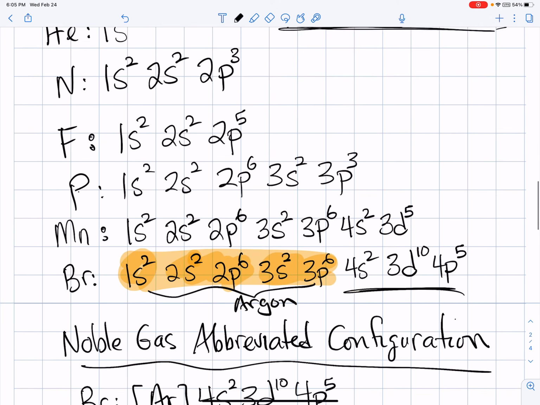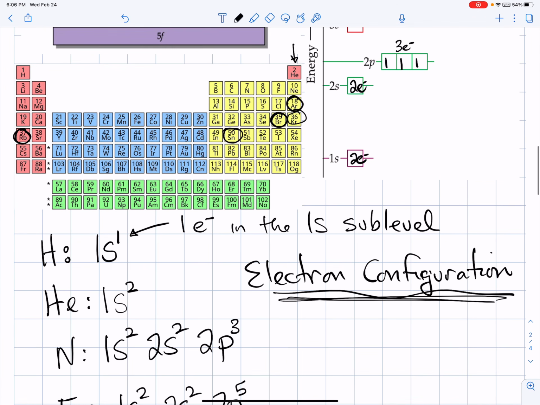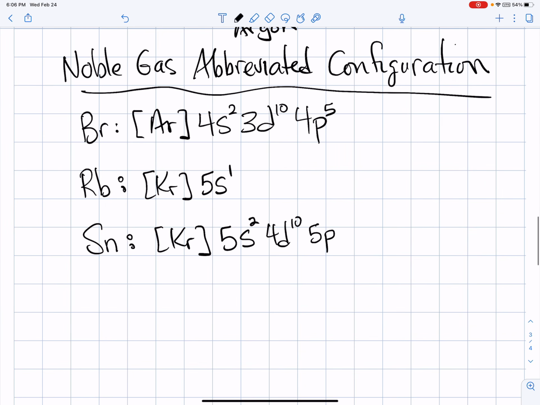And there's 10 of those, so 4d10, and 5s2. Then we go back to 5p. Tin is in the P block in row 5, so 5p. And it's the second element, so it's going to be 5p2. Right? So noble gas abbreviated configurations.